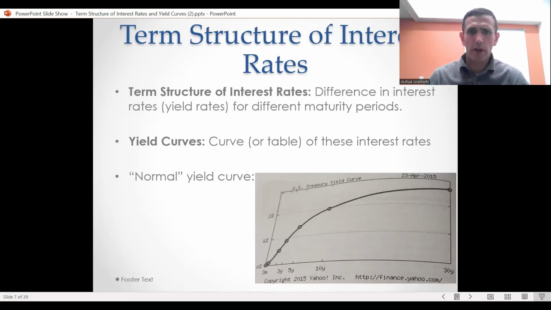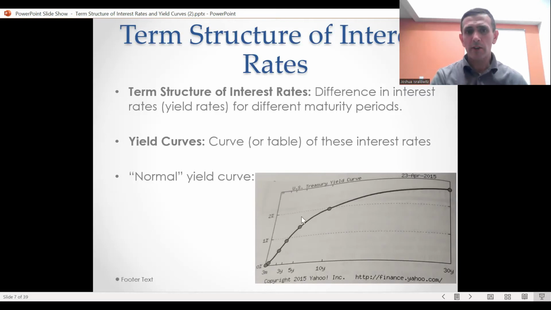For a 3-year bond, I don't know if that would correspond to a treasury note or a bond, but it doesn't matter, it's about 0.5% yield rate. On the other hand, for a 30-year bond, if this is 3%, it's about 2.75%.